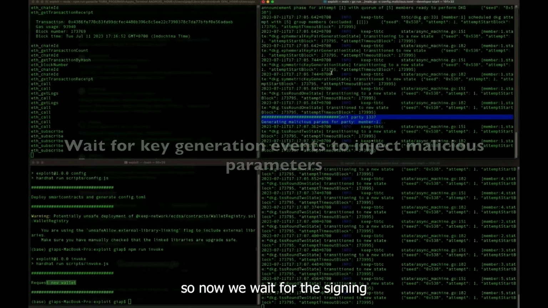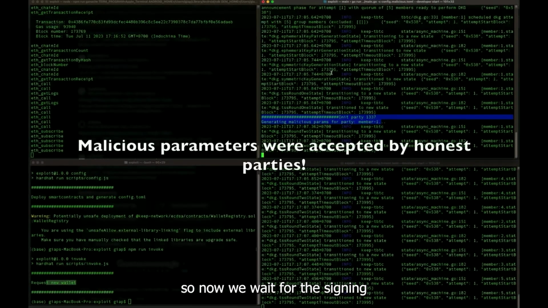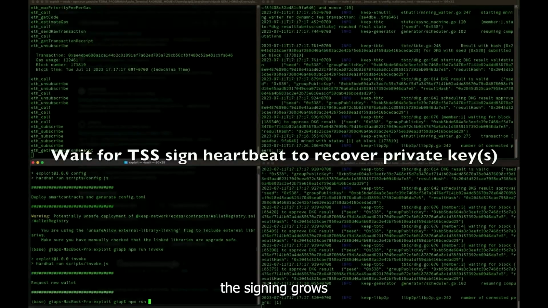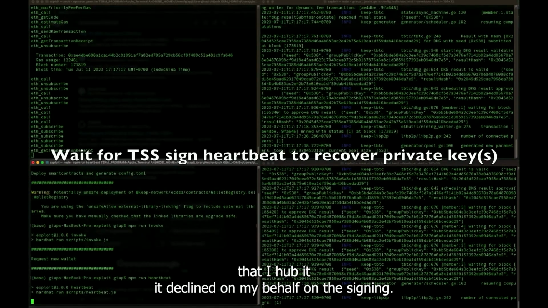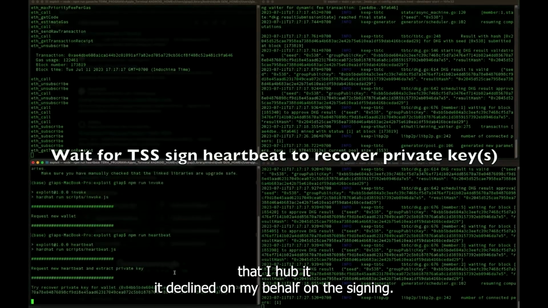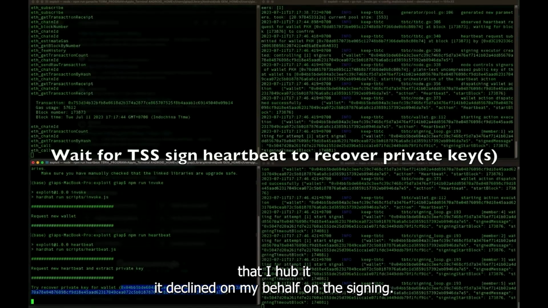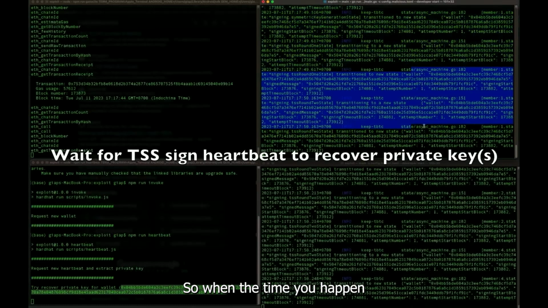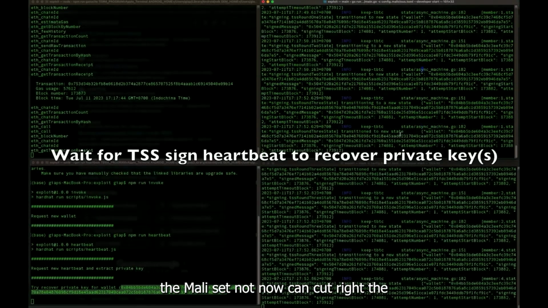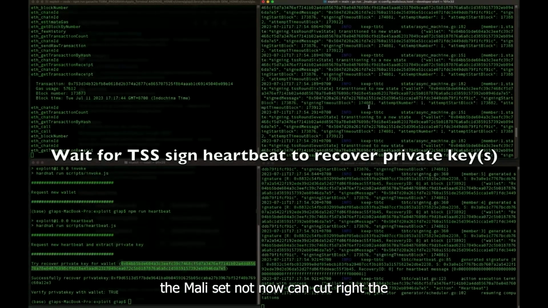So now we wait for the TSS signing process. The network may make some transaction, like a heartbeat. It requires the nodes to perform the signing. So when the signing happens, the malicious node can now capture the private key.